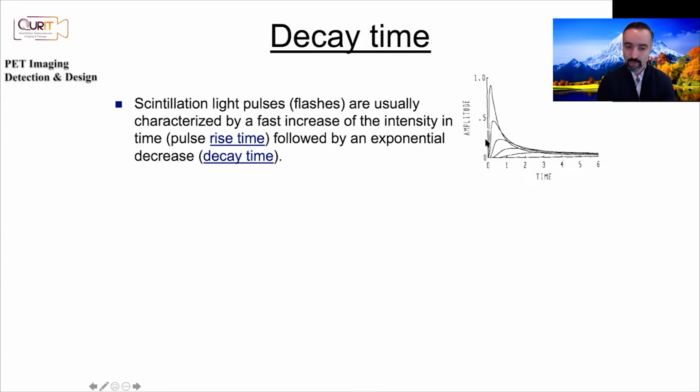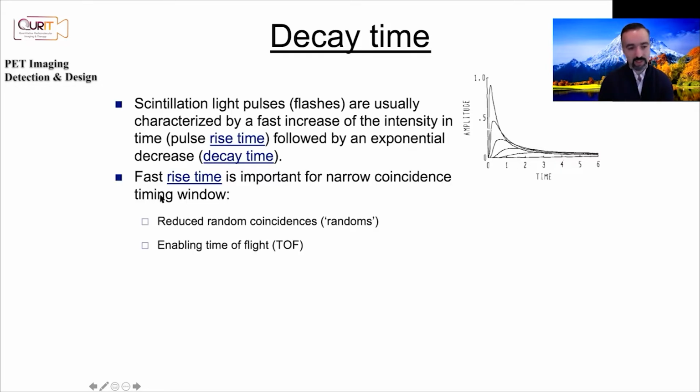You're having a rise time, something starting to happen, and then as it glows and as it gets rid of the scintillation photons and returns to ground state, you see this kind of a decline here. So there's a rise time, and the rise time is very important because you want to know when the event came in, and the decay time is important because you don't want this to take forever to process. So you want fast rise time in the scintillator.